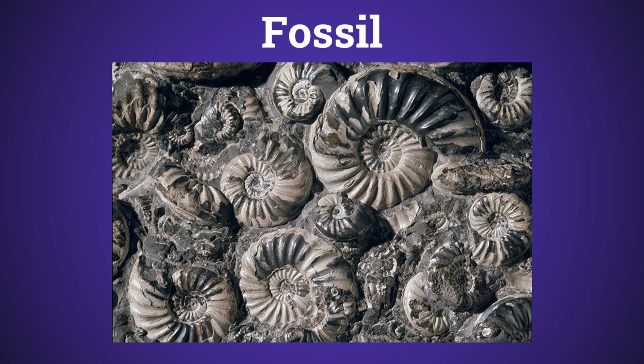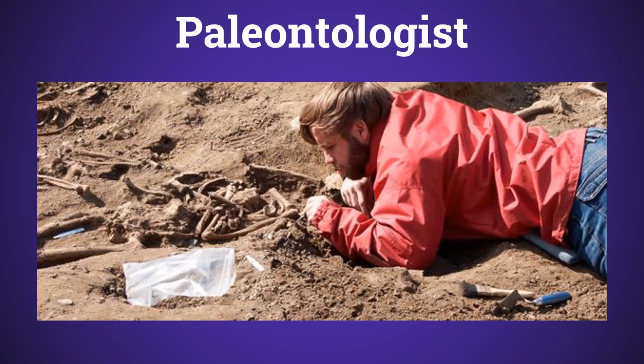Most form from the hard parts of an organism, such as teeth, bones, claws, wood, shells, etc. And they are used to trace the order in which evolutionary changes have occurred. Scientists who study fossils are called paleontologists.